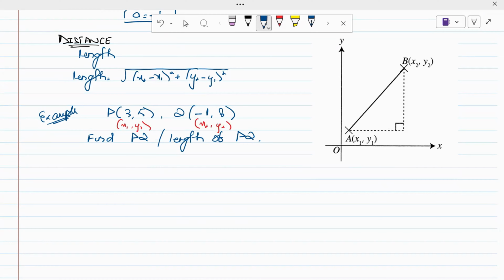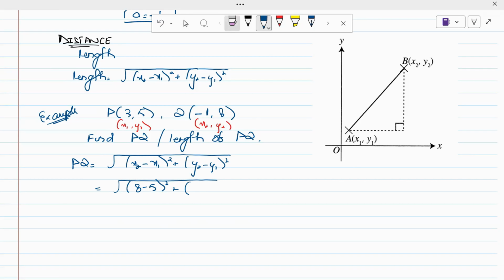So using distance formula, PQ is equal to under root x2 minus x1 whole square plus y2 minus y1 whole square.